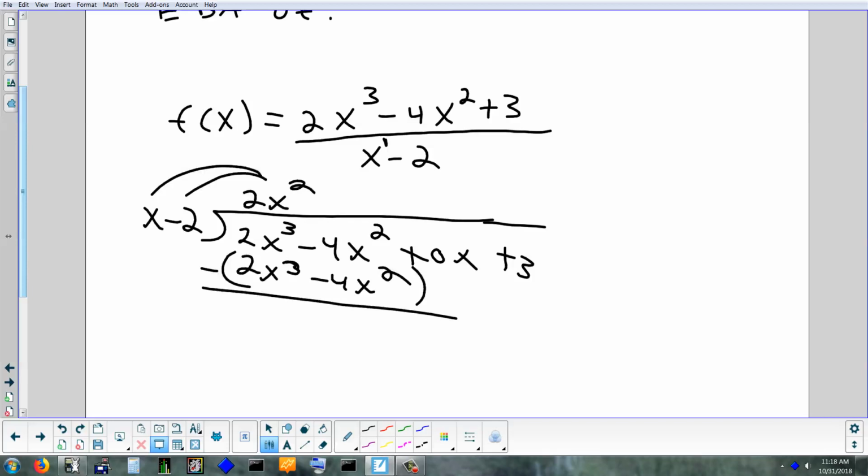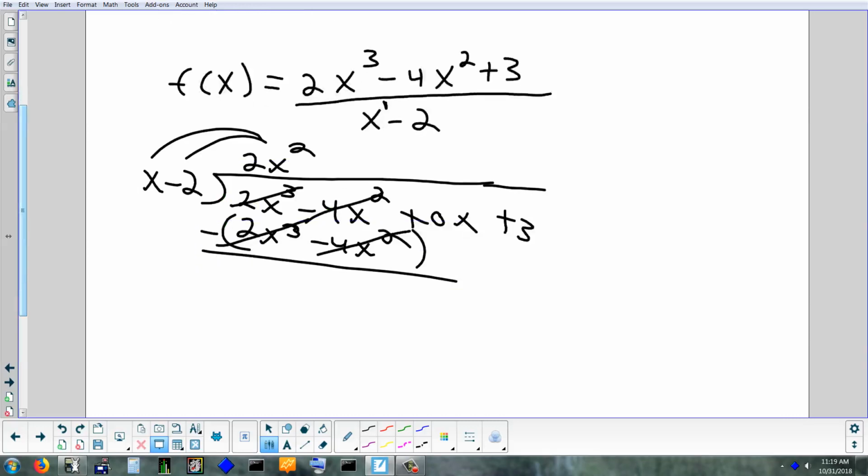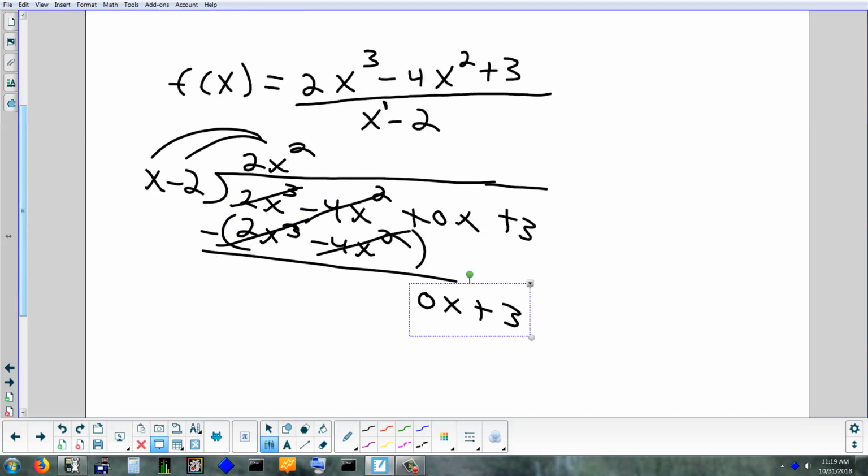Actually, it's going to be kind of nice right here. 2x cubed minus 2x cubed is gone. What's negative 4x squared minus negative 4x squared? That cancels too. That doesn't always happen, but this time it did. And now you're basically done because, I mean, you can keep going, but if you bring down your next terms, and I say, okay, x goes into 0x, how many times?